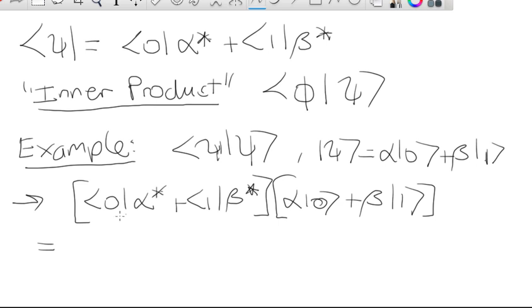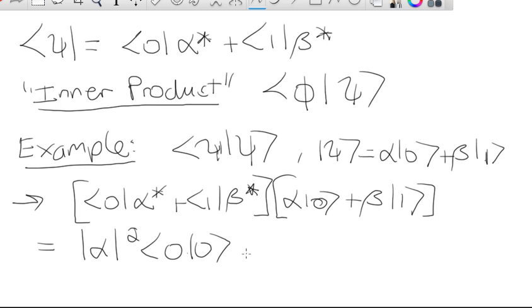Let's take the first example, this multiplied by this. The coefficients out the front are unaffected by the multiplication of the kets and bras. So we can take them out and let them be by themselves. So we have modulus alpha squared, bra 0 ket 0. What I've done here is that alpha star times alpha is simply equal to the modulus of alpha squared.